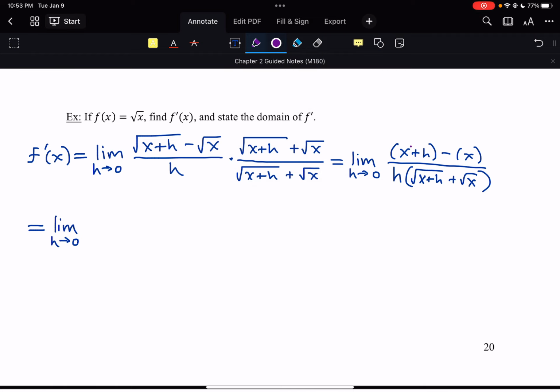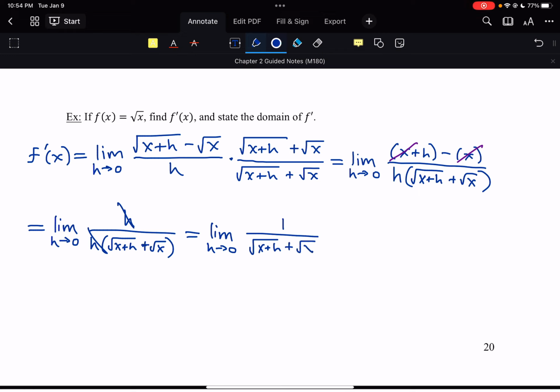We have an x minus an x. So just h over h times rad x plus h plus rad x. Those h's will cancel. So we have 1 over rad x plus h, plus, these should both be plus rad x.